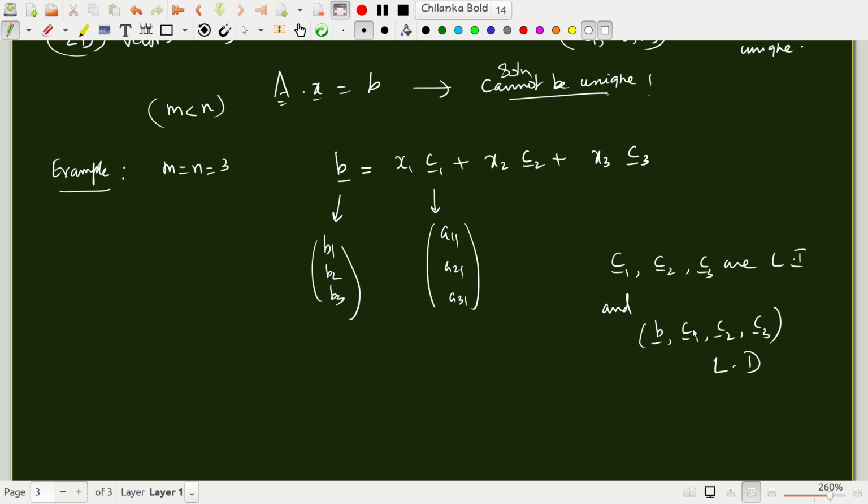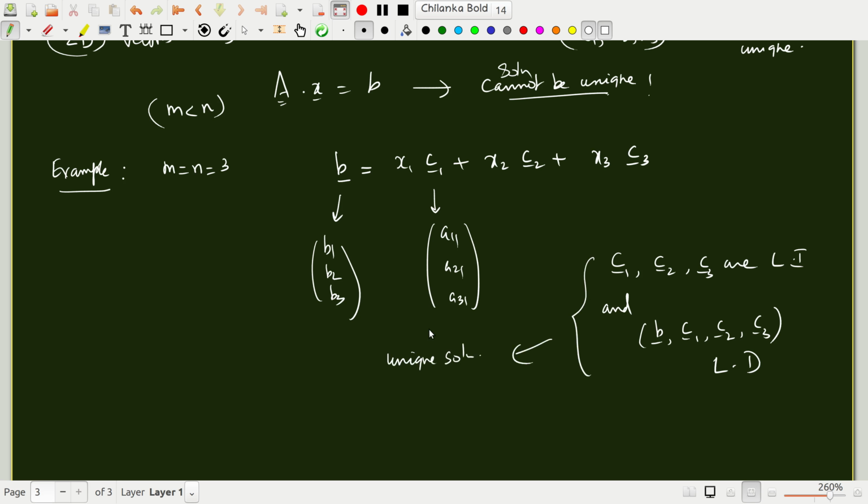So for this system to have a solution, the column vectors forming A must be linearly independent, giving three linearly independent vectors in a 3D space, and b in combination with c1, c2, c3 must be linearly dependent. Only then can you express b in terms of the three basis vectors. If all this is satisfied, then you can have a unique solution.